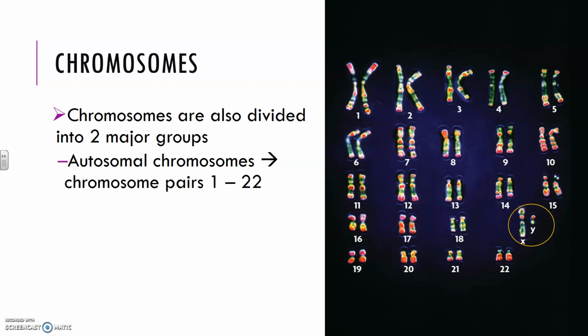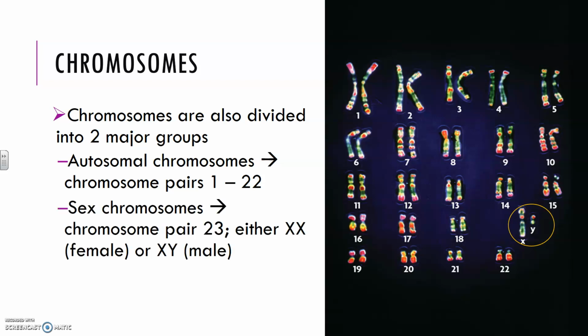They control things like hair color, eye color, skin color, height, propensity for cancer and diabetes, how your bones grow, how your muscles attach, how easy it is for you to gain muscle, if you can tan or not. I am in the not category. And also how fast your metabolism is. That is all controlled on your autosomal chromosomes, all 22 of them.